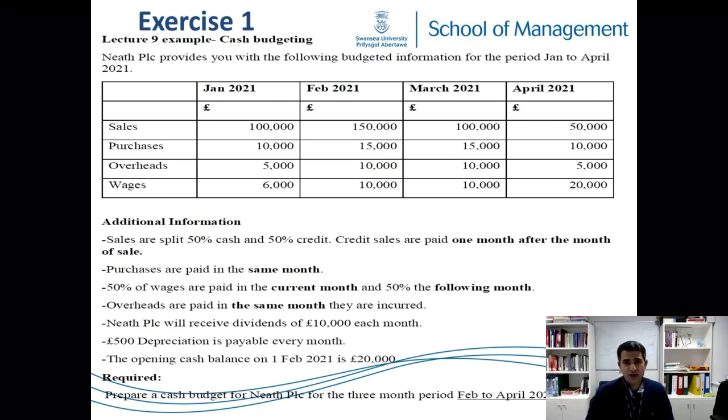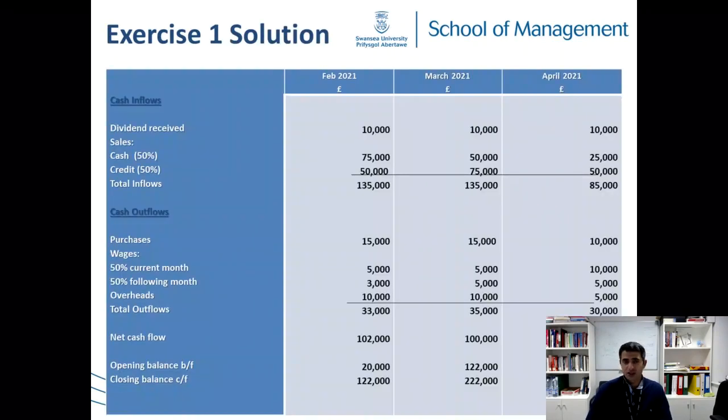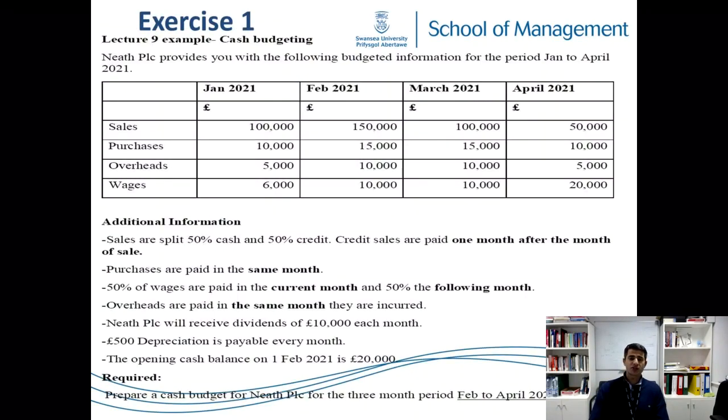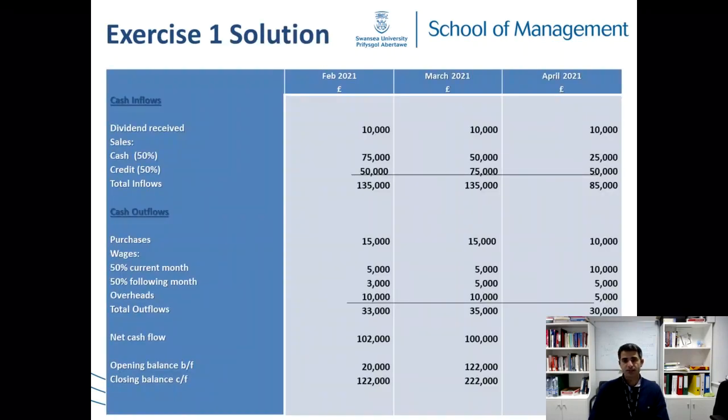So £100,000 times 50% equals £50,000. Now, March is 50% of February sales. It goes to March, and as you see here, it is 75,000, which is the remaining 50%.